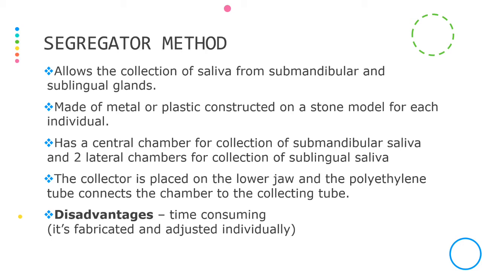The device has a central chamber for collection of submandibular saliva and two lateral chambers for collection of sublingual saliva. The collector is placed on the lower jaw and a polyethylene tube connects the chamber to the collecting tube. The disadvantage of this method is that it is time consuming since it is fabricated and adjusted individually.